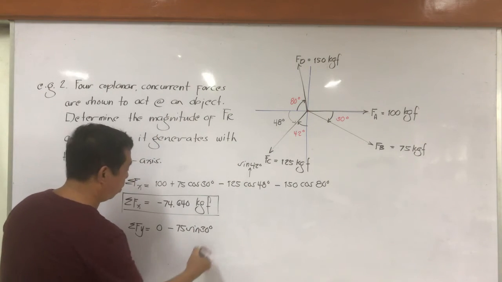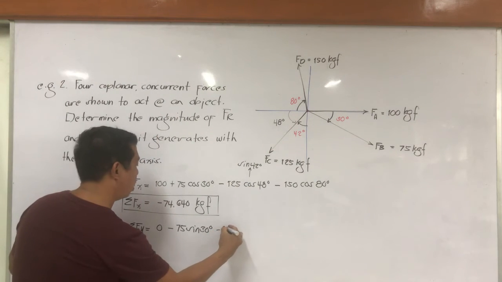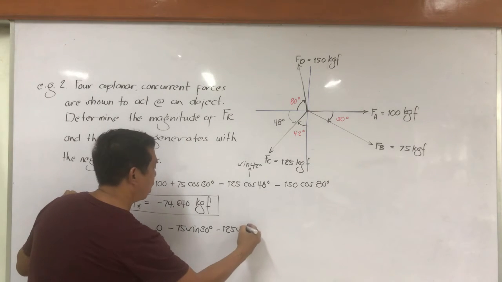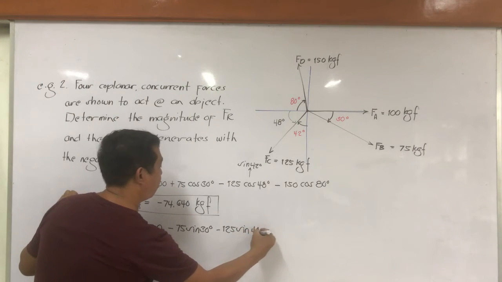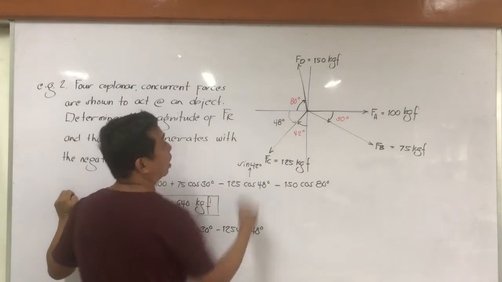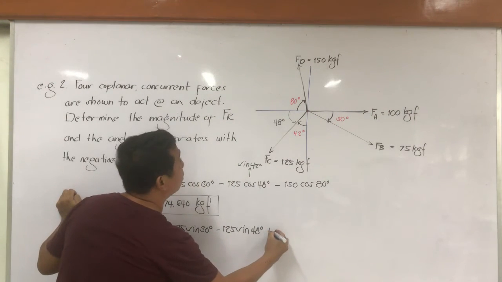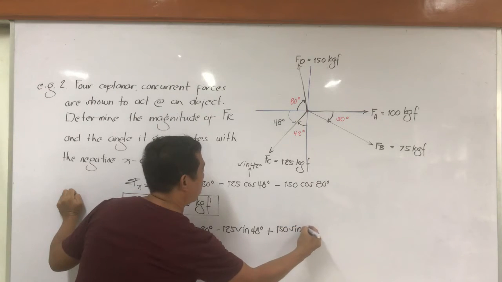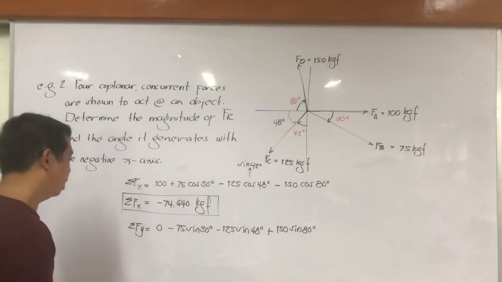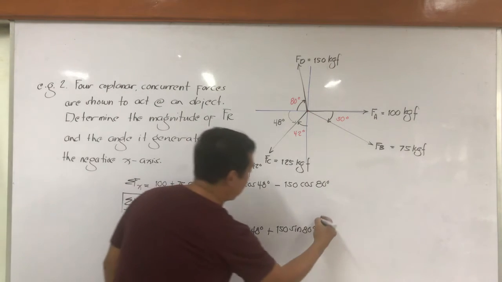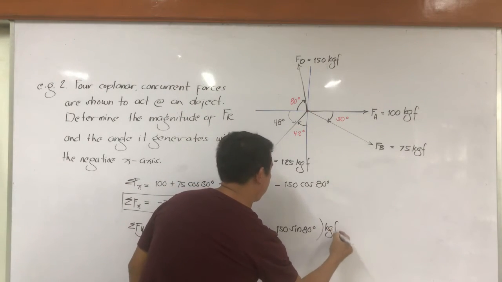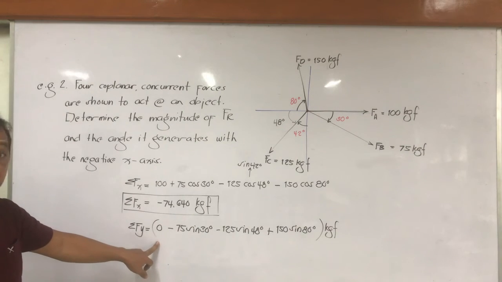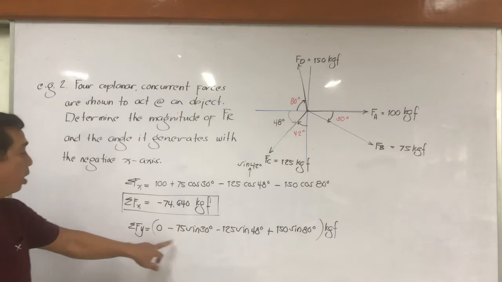Tapos yung y nito, negative din 125 sine of 48. Tapos ito, nag-iisa. So, positive 150 sine of 80 degrees. Lahat sila may unit na kilogram force.